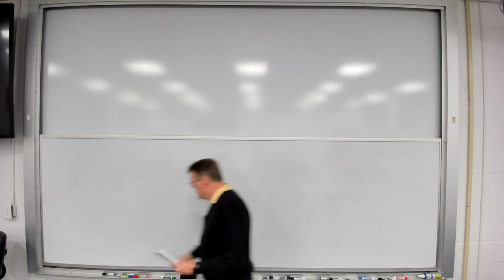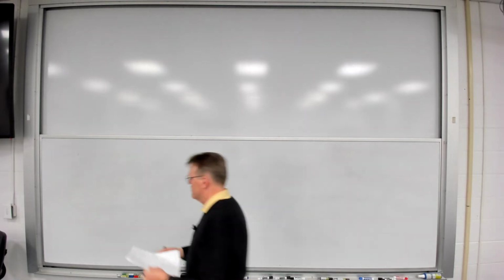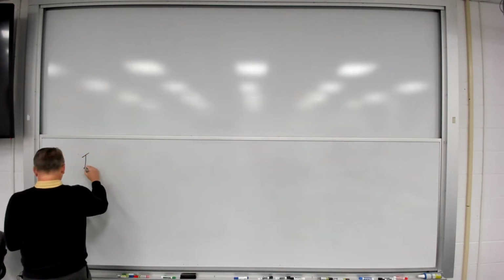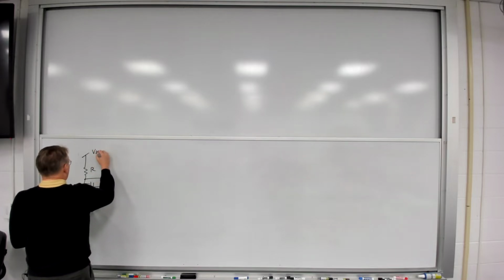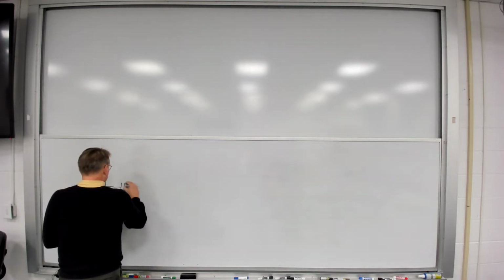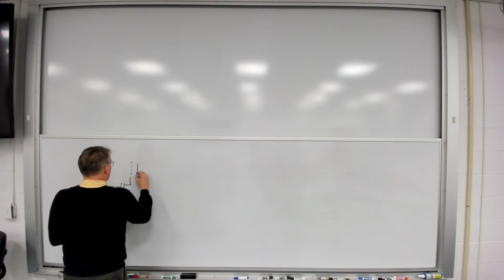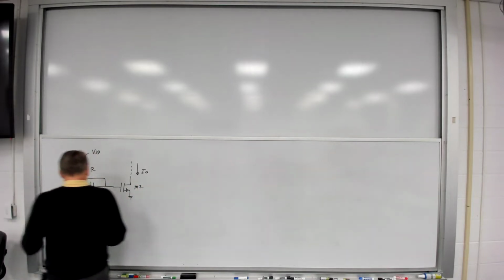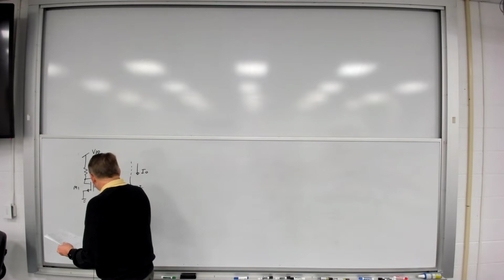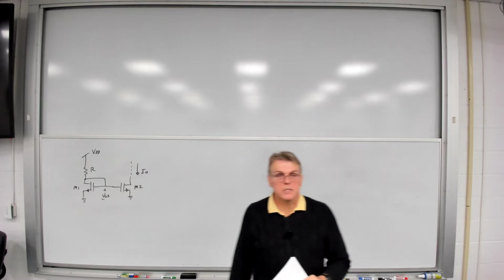Let's begin by returning to our discussion of current sources and current sinks, specifically through the use of current mirrors. So last time I drew this little circuit for you guys. And as we saw before, these transistors are connected so they share the same gate source voltage, the same VGS.